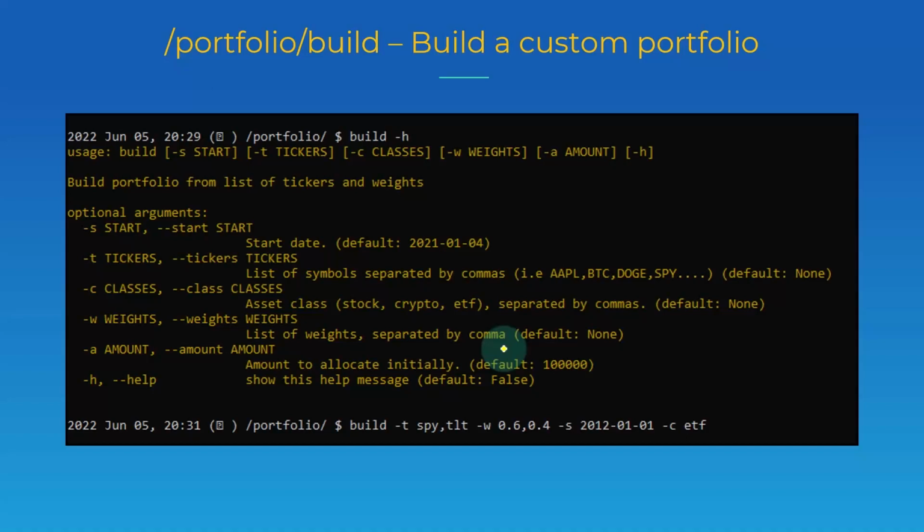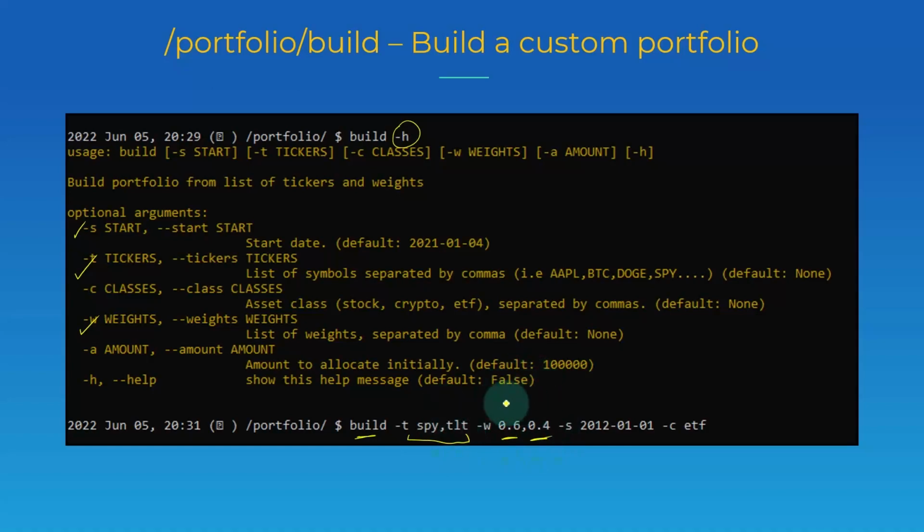Okay, and then this is how you would construct it. You can see here I've used the help command on build, and it's telling you how you actually say the start date, you define the tickers, and you then define the weights. So I just did a very simple thing here where I said, all right, let's do a build. The tickers are going to be SPY and TLT, so the large cap stock market and long-term bonds, and then the weightings are 60% for SPY, 40% for bonds.